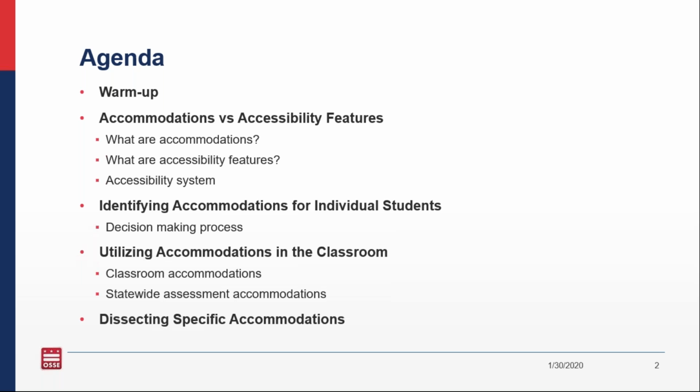We're also going to spend some time discussing classroom accommodations versus statewide assessment accommodations. And finally, we're going to dive into dissecting 3 specific accommodations that require some individual attention and additional clarification prior to administering the PARCC or DC Science assessment.